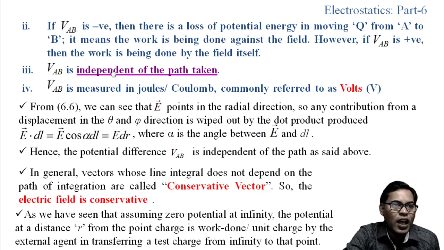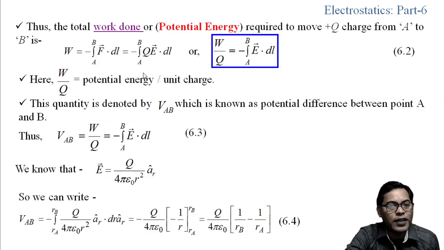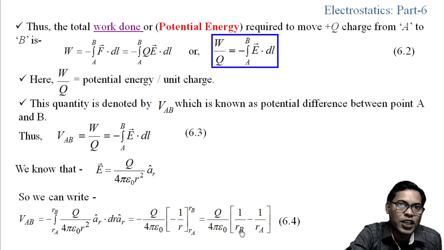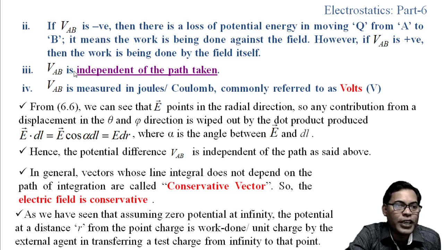So the third point says VAB is independent of the path taken. Here you can see that RA is at infinity, so its reciprocal is 0, RB equals R, so VAB equals Q by 4 pi epsilon naught R. So this V is dependent on R only, not on the path through which the unit charge, or the plus Q charge, is taken from A to B. So VAB is independent of the path taken.